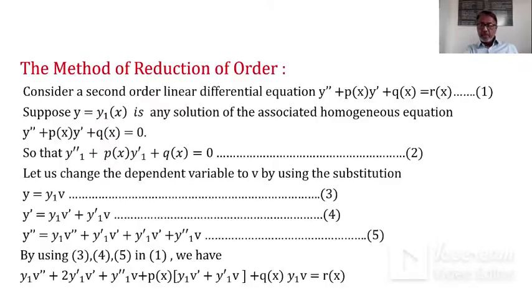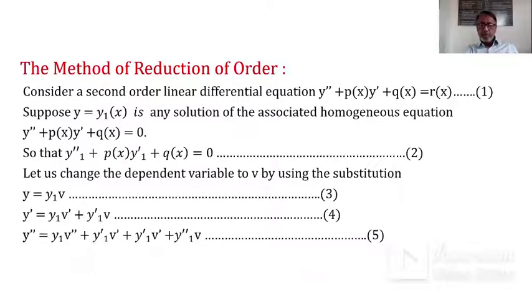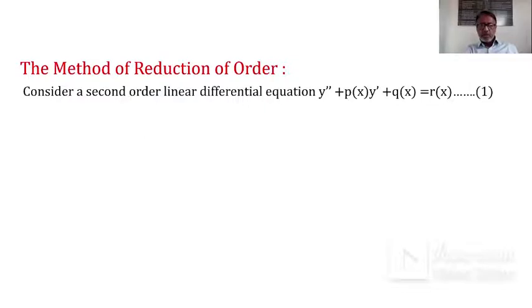Again, I will repeat the same method, the method of reduction of order. Now here, for simplicity, we consider the second order linear differential equation y double dash plus p(x) y dash plus q(x) y is equal to r(x).